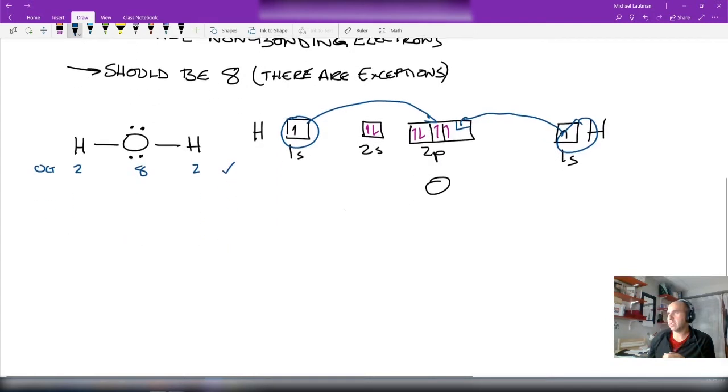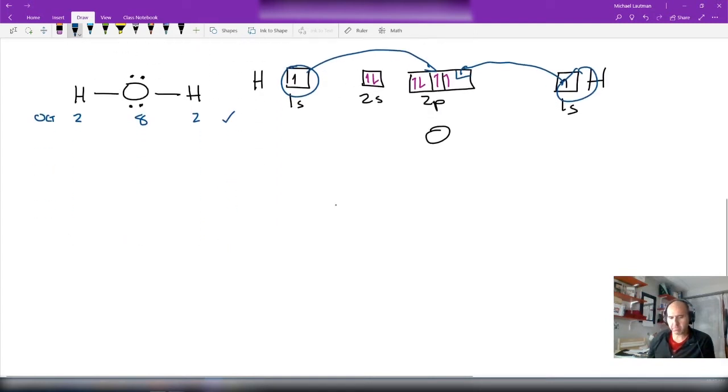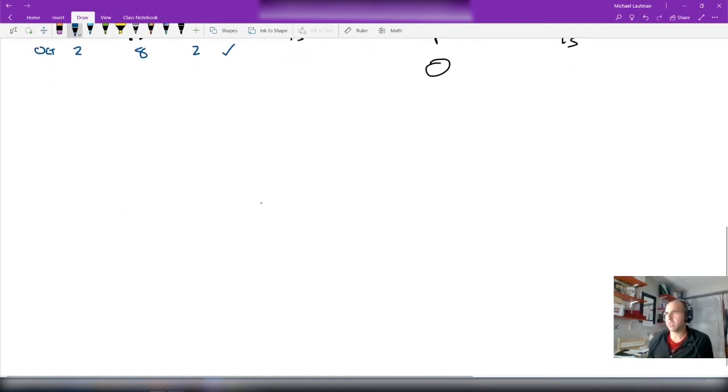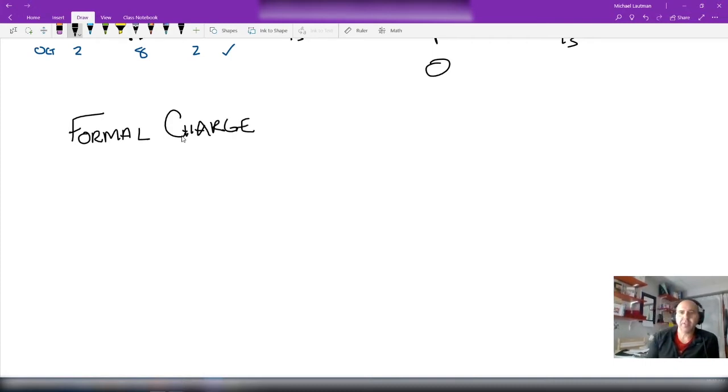Now, the next part of evaluating this is the formal charge. So for formal charge, it's basically a way for us to analyze the distribution of charge in a molecule and to see if it makes sense.